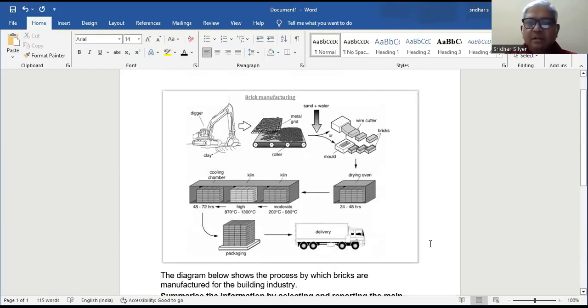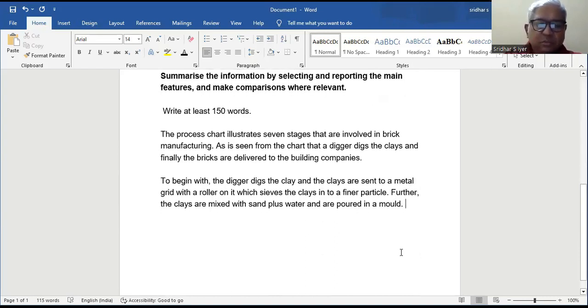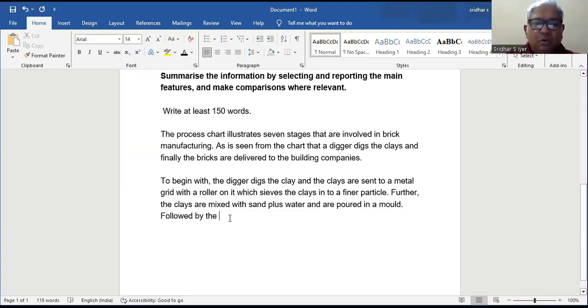Once having taken the bricks out of the mold, then it's semi-solid. The wire cutter cuts the bricks.